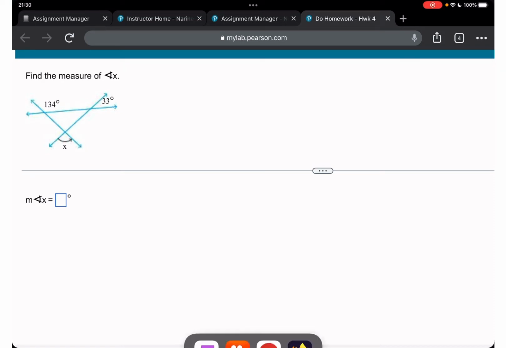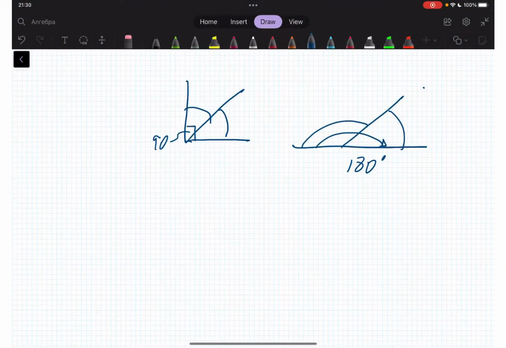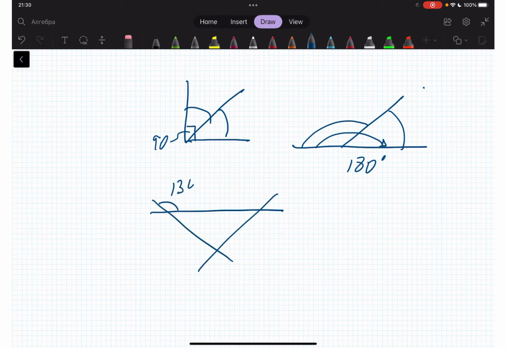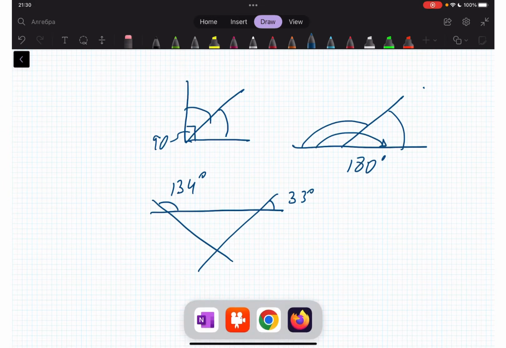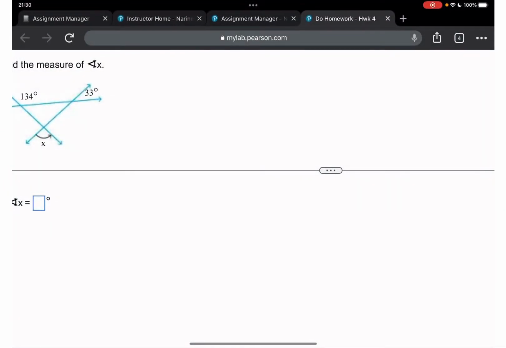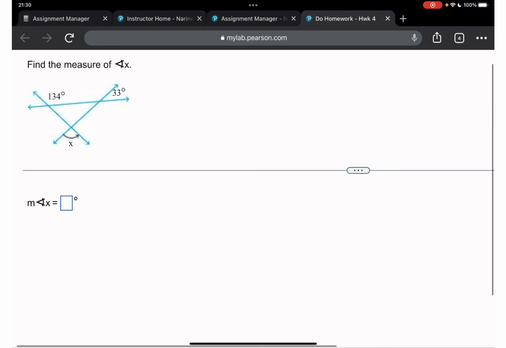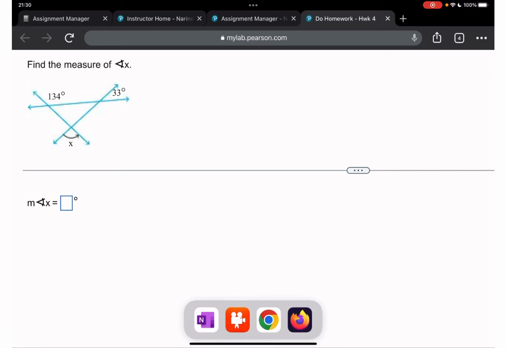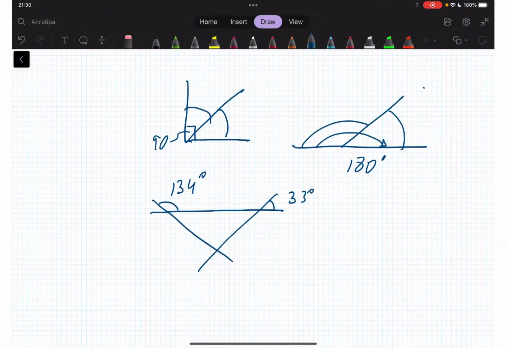Okay, let me draw this. Let me check if I marked down the right angles. Yep, 134 and 33. And we need to find our X.